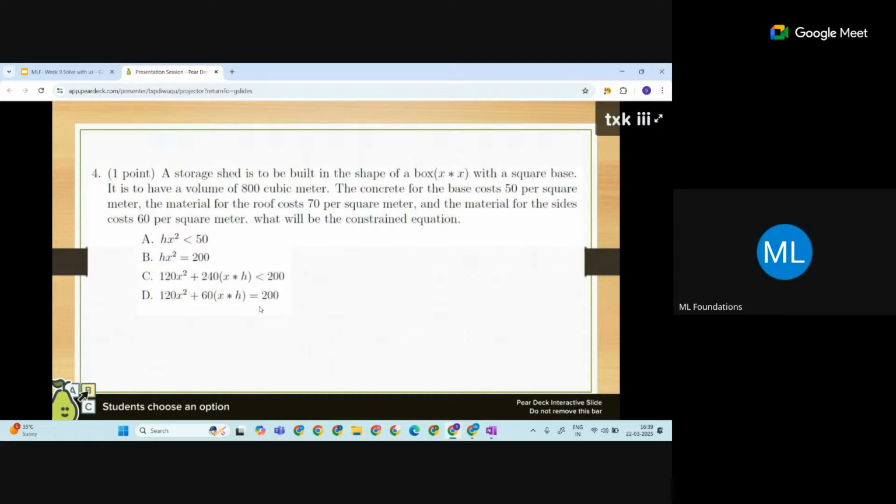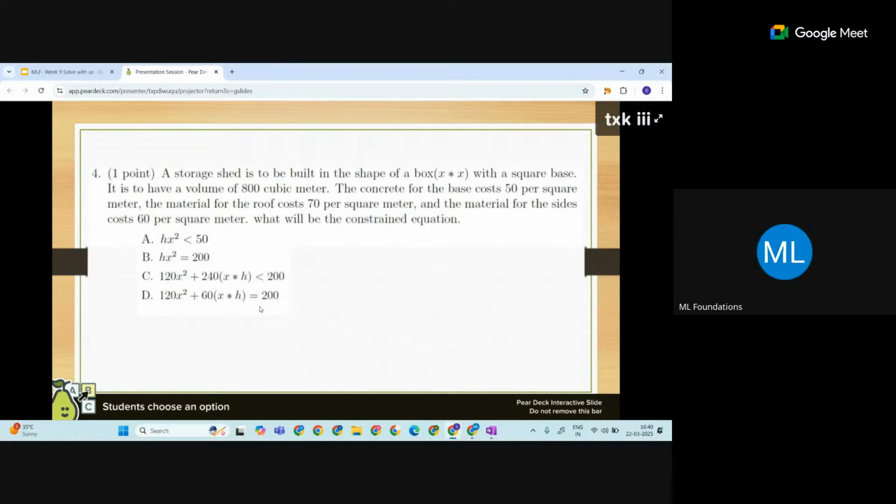It is to have a volume of 800 cubic meters. The concrete for the base costs 50 per square meter, the material for the roof costs 70 per square meter, and the material for the sides 60 per square meter.